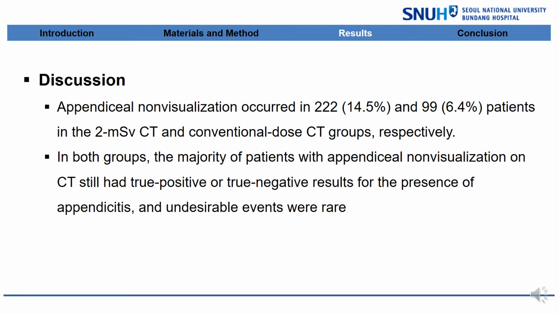Appendiceal non-visualization occurred in 15% and 6% of patients in the 2 millisievert CT and conventional CT groups, respectively. In both groups, the majority of patients with appendiceal non-visualization on CT still had true positive or true negative results for the presence of appendicitis, and undesirable events were rare.